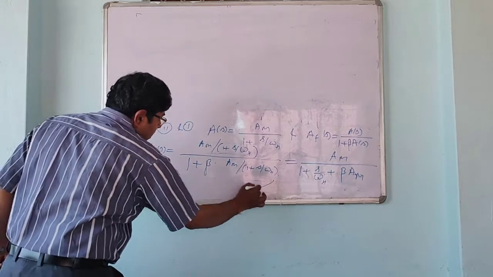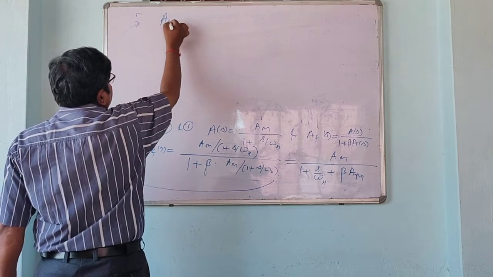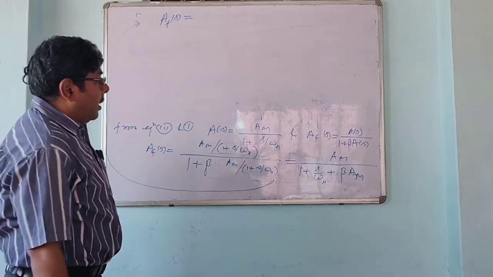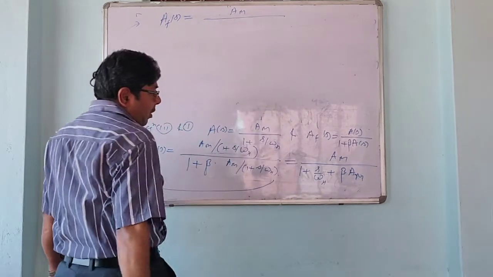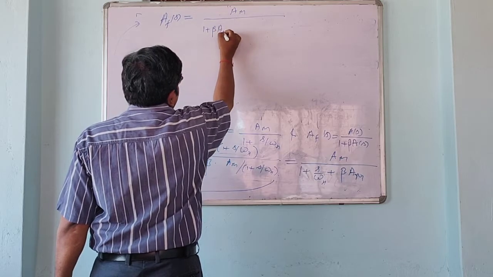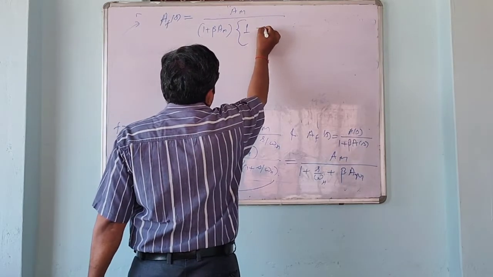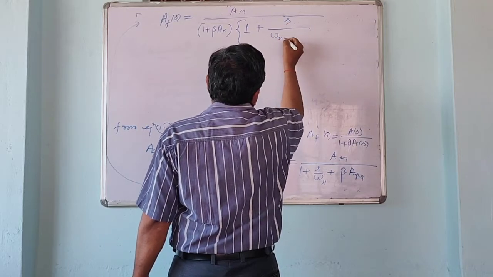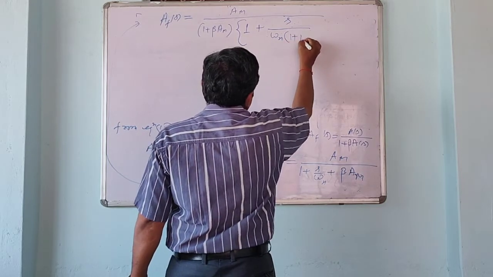From here, we can write this is the gain with feedback, and after adjusting, we can write this is the A_M. We can take this common, 1 plus beta times A_M, take this common, then remaining part can be written as 1 plus, this is the s upon omega H, and this factor comes in denominator, 1 plus beta A_M.